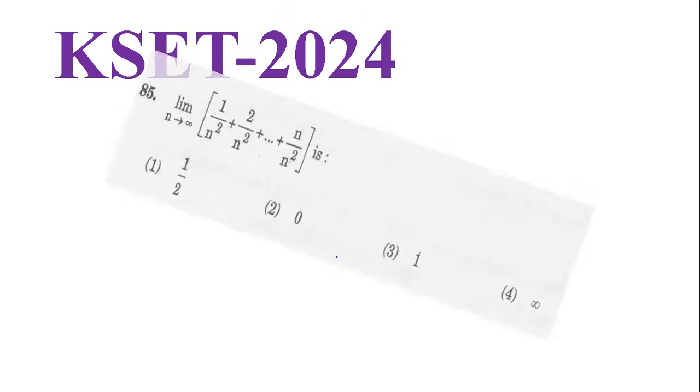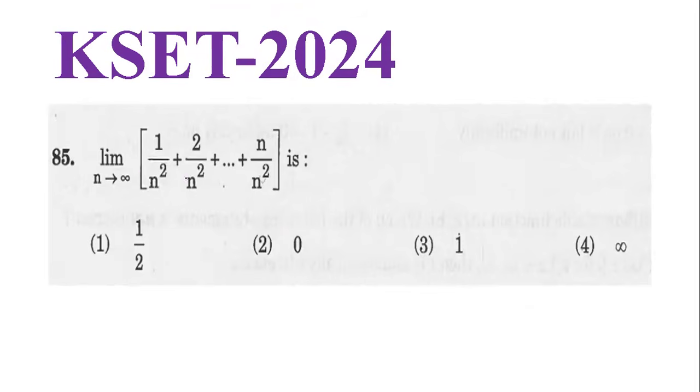Next question. KSET 2024. Question is limit n tends to infinity 1 by n square plus 2 by n square plus and so on plus n by n square.